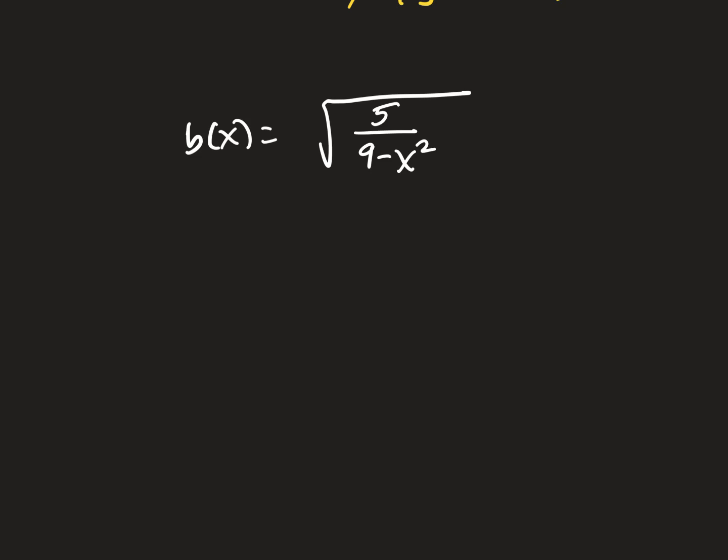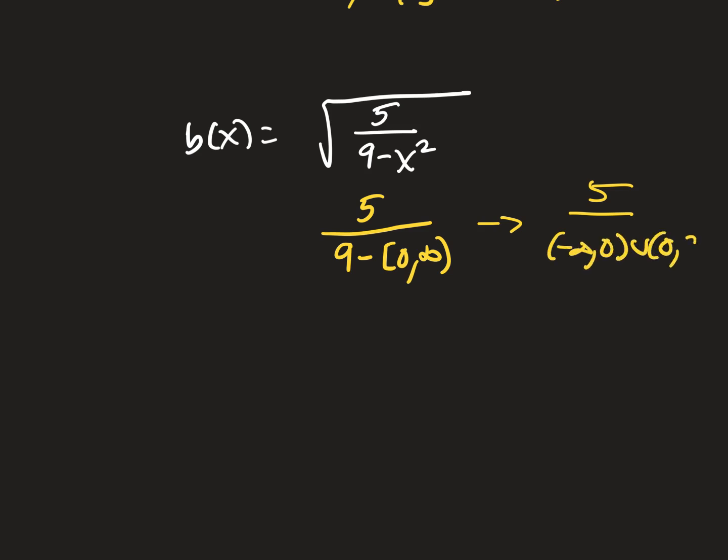So I have to keep in mind that I can't have 5 over 9 minus x squared produce a negative. Going back to the fact that coming out of x squared can't be negative, I've got 0 to infinity, just like the previous problem. And normally I'd say the denominator is negative infinity to 9, and we've got to exclude 0.